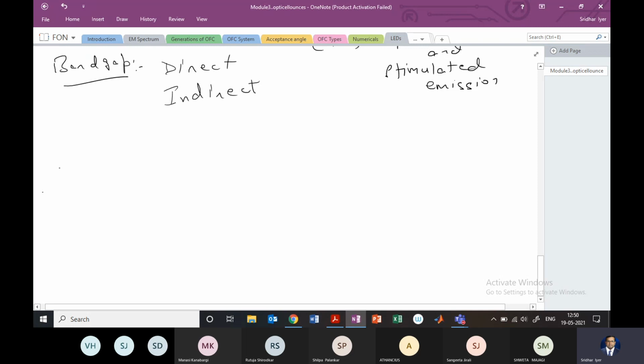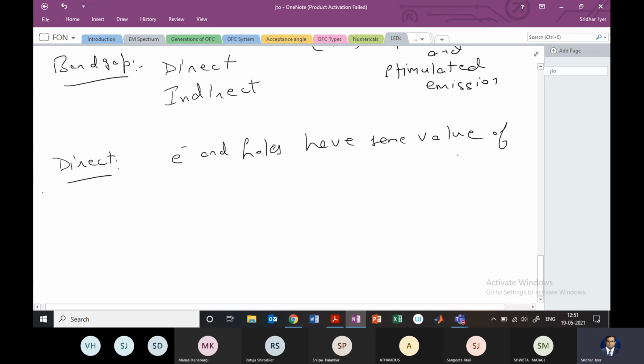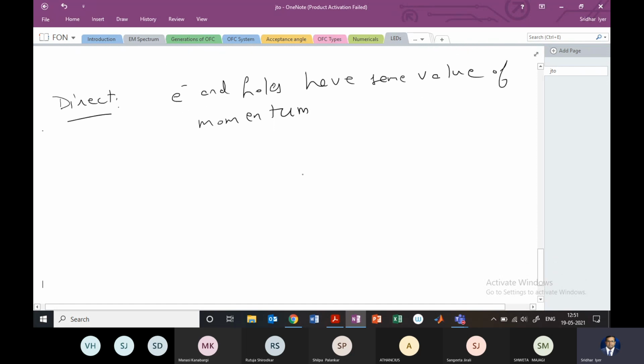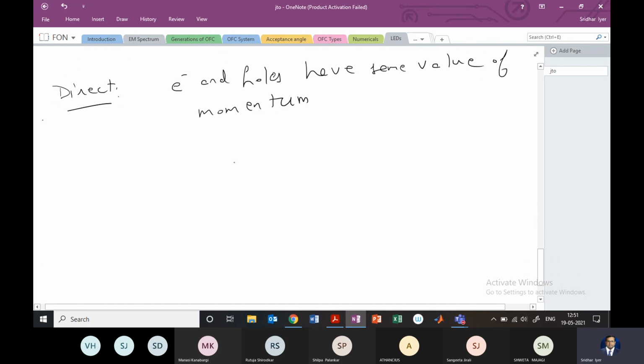So in the direct band gap, so I'll just give you the important points. More details will be in the notes. So in the direct band gap, the electrons and holes, which are positive charges, have the same value of momentum. Okay, and so the recombination becomes very easy, and the emission of photon happens henceforth.